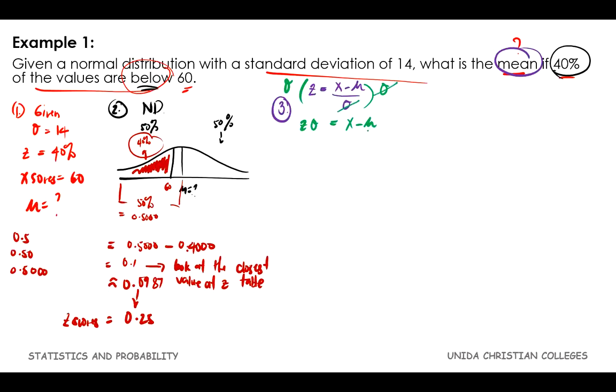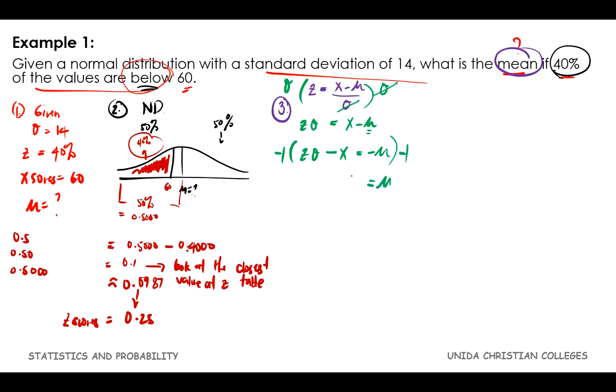Okay? Then, ang goal lang natin ay mean. Z times standard deviation minus x is equal to negative mean. E, bawal tayo magkaroon ng negative mean. Multiply both sides by negative 1.